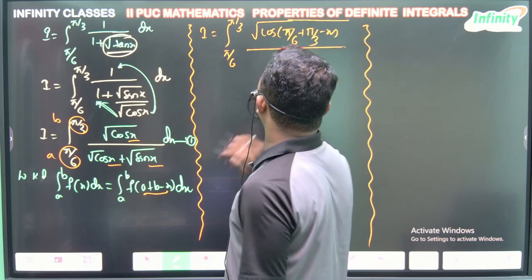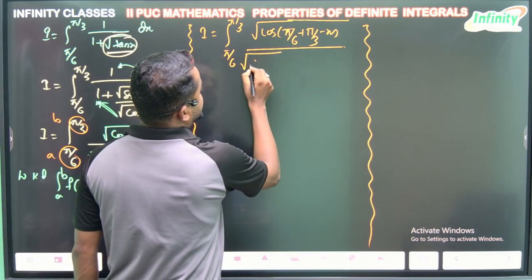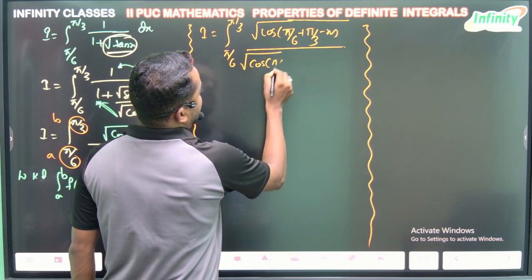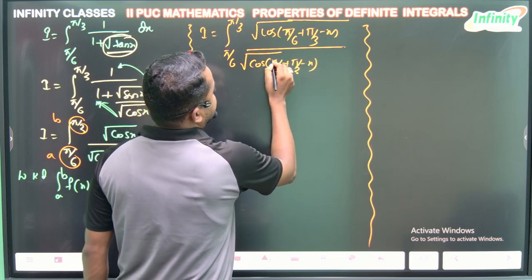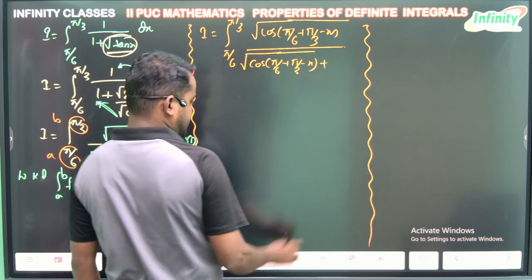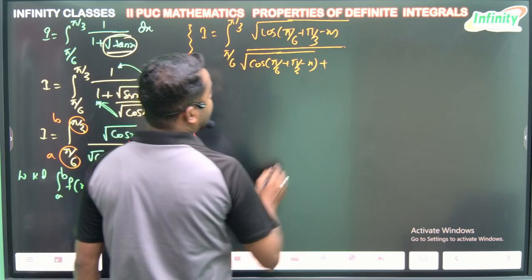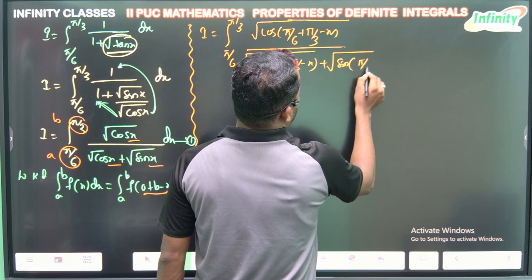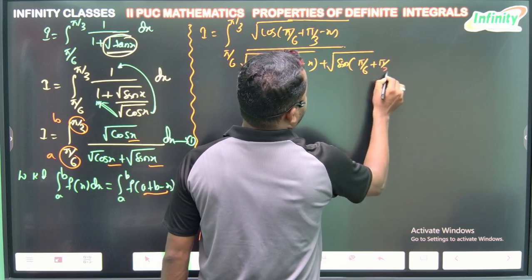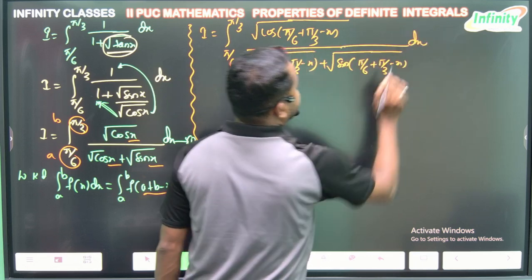divided by root cos(5π/6 plus 5π/3 minus x) plus root sin(5π/6 plus 5π/3 minus x) dx.